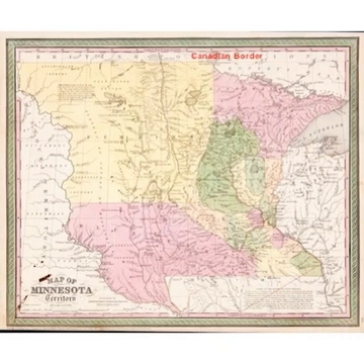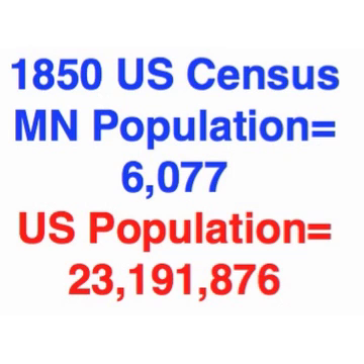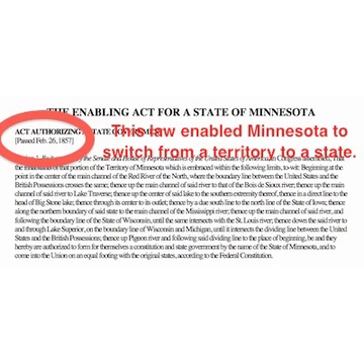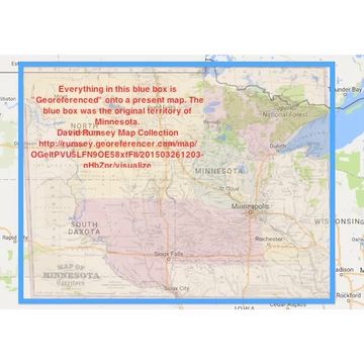When the territorial government determined there were enough people in this territory to warrant the creation of a state, they instructed the territorial representative to Congress to request a law that would empower the state of Minnesota to be created. That is, a convention could be held in Minnesota that would produce the constitution of the state, and then when the Congress ratified that, Minnesota would change from a territory to a state.